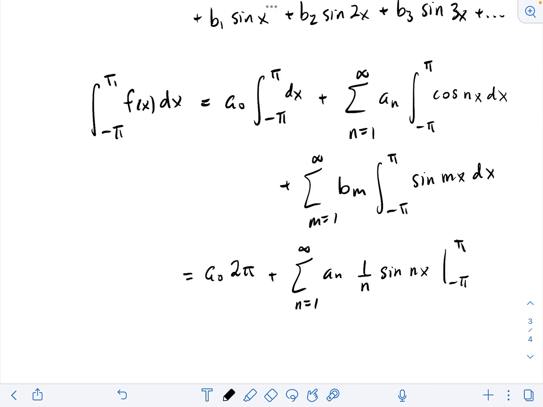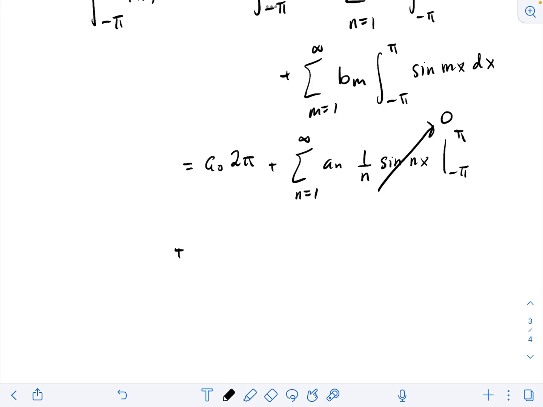Sine of n times pi and sine of minus n times pi, that's always 0, plus sum of m equals 1 to infinity of bm 1 over m cos mx, and I think we're going to pick up a minus sign from minus pi to pi.